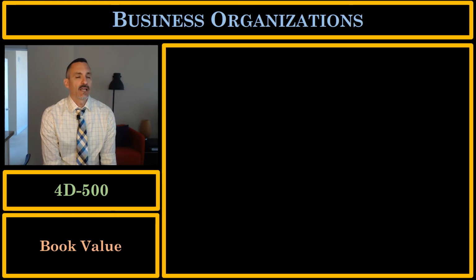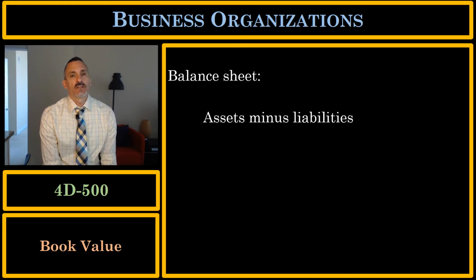Book value. Now, book value is just the balance sheet value. We haven't really talked a lot about the balance sheet yet. Later in the course, we'll do a little unit on accounting so you better understand accounting and financial statements. One of the most important financial statements is the balance sheet. And the balance sheet just lists the company's assets and liabilities and then the owner's equity.